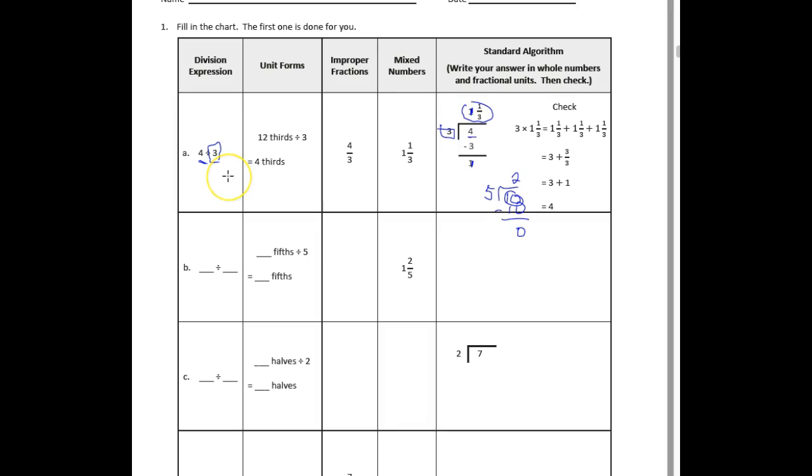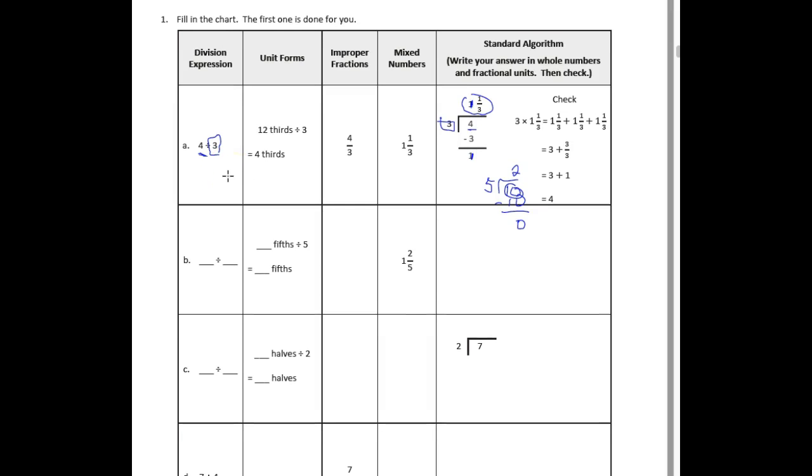Remember that? Okay, this one seems like it's probably the toughest part of this right here, is the idea of 12 thirds being divided by 3 is the same as 4 thirds. So let's look at what that would look like.